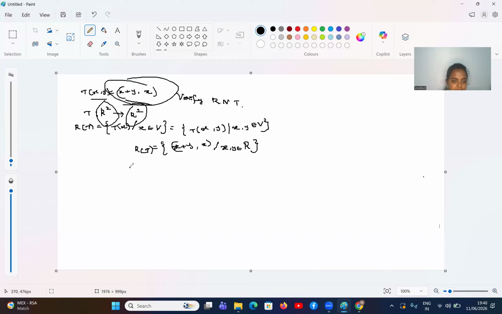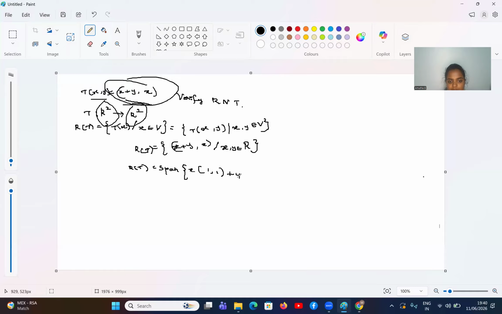How can we find a basis set from a span? This R of T can be written as, I am going to take X outside. Now it is nothing but 1 comma 1, because in the first component also we are having X, in the second component also we are having X. So that's why in the first component I am taking 1, in the second component also I am taking 1.